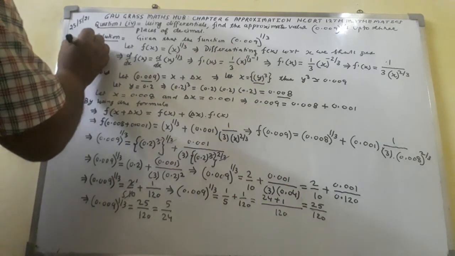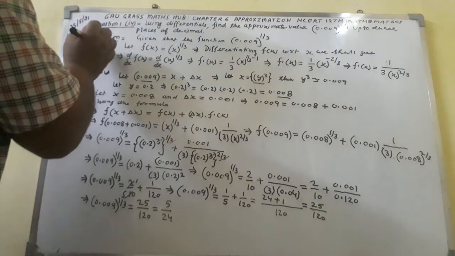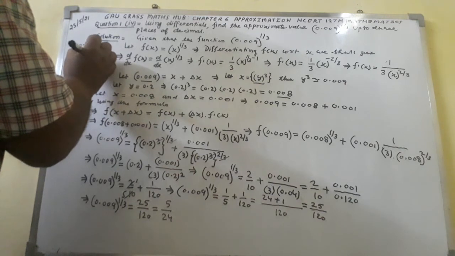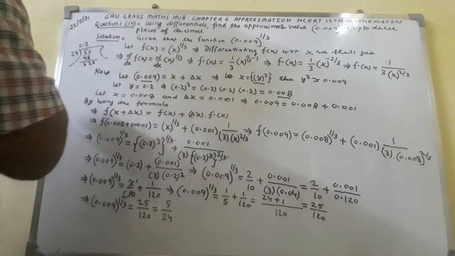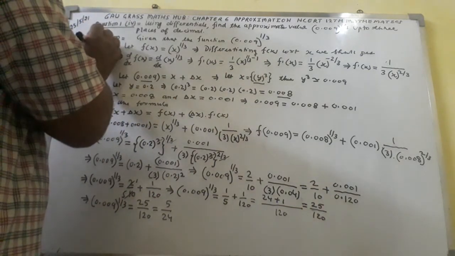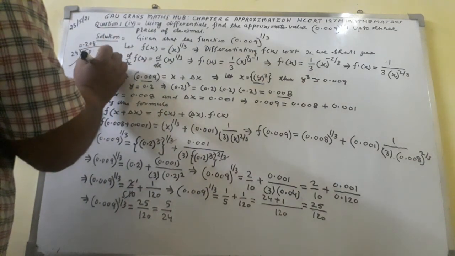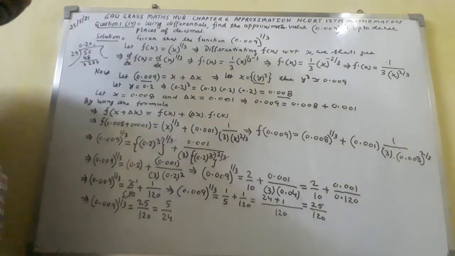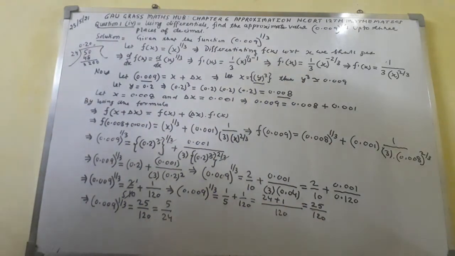So here write 0 point. Again, how many times? 2 times. You will get here 48. Again you will get 2, here you will get 0. 20 can't be divided by 24. So if you put here 0, so here write 0. How many times will it go? 8 times.